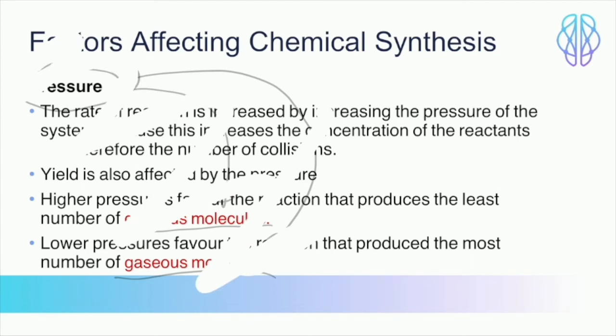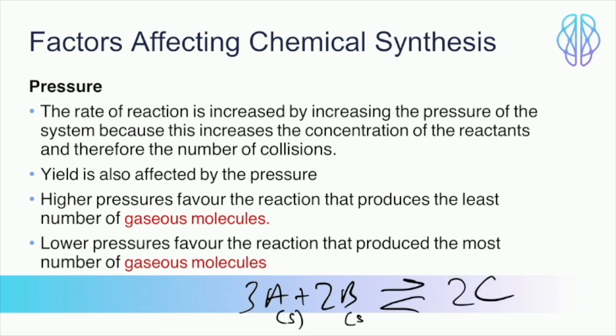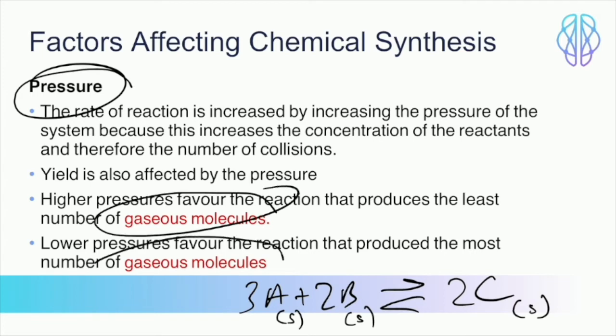If A and B, so I'll say 3A plus 2B reacts to form 2C, if these are all solids, and I increase the pressure of this system, it will not affect the yield in any discernible manner, or at least in a manner that's significant for year 12 chemistry. So if you are applying an increase in pressure, make sure your reaction has gaseous molecules in it. That's the key takeaway.